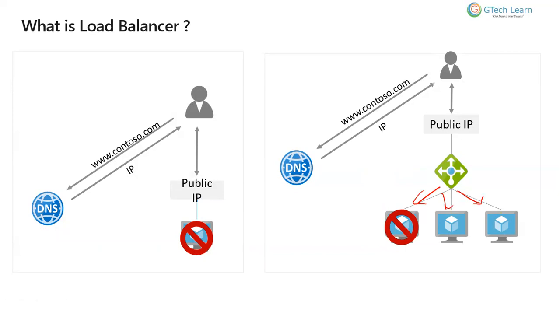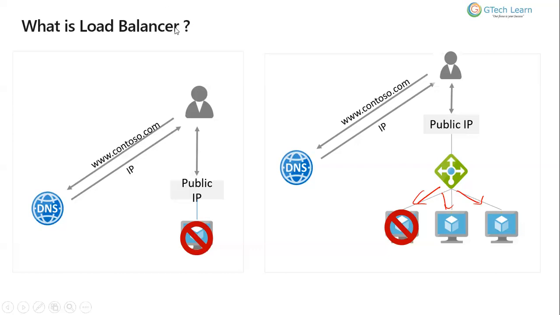It operates at layer 4 of the OSI model and is a single point of contact for the clients. The load balancer distributes the inbound flows that arrive at the load balancer's front end.